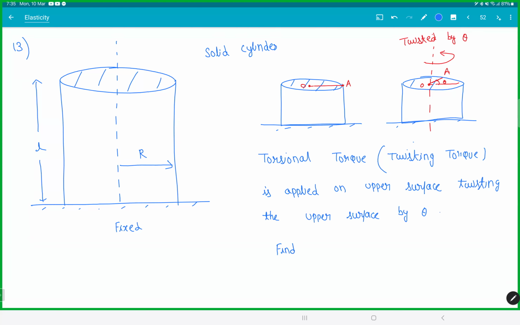Find the torque as function of theta. So if this was an advanced paragraph, this is the first question I'll ask you. Find the torque as function of theta. And second thing I'll ask you, find the time period for small oscillations. Then it becomes an SHM and elasticity question.